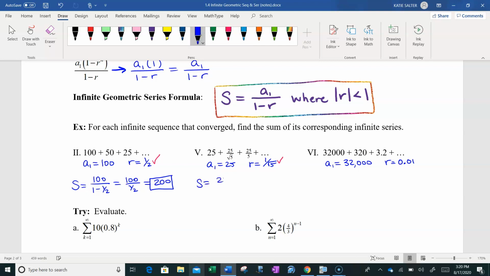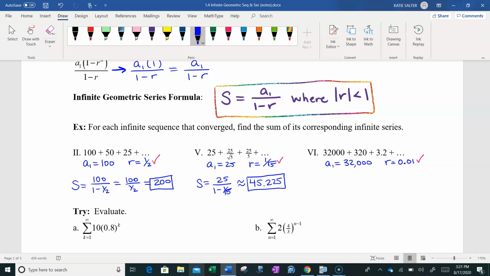So we would say 25 over 1 minus 1 over the square root of 5. And if you pop that in your calculator real quick, you could get that that is approximately 45.225. Remember, always round to 3 decimal places. And then for the third one, that is also between -1 and +1, so that's good.